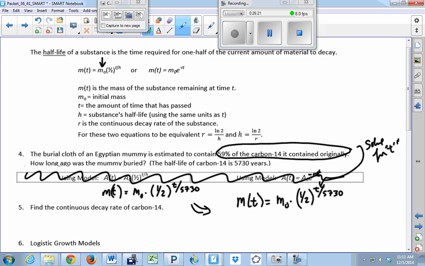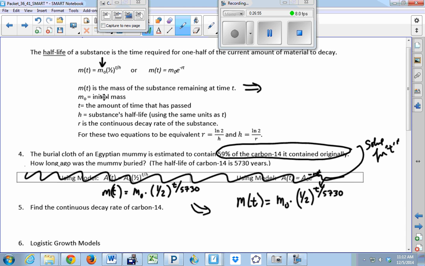Anybody help us out with that? If you were trying to solve this equation, what would you do? Katie, what do you think? Right, M of T represents the mass of the substance remaining at time T. So right now, when we've unearthed this burial cloth, it had 59% of the original amount of carbon-14.